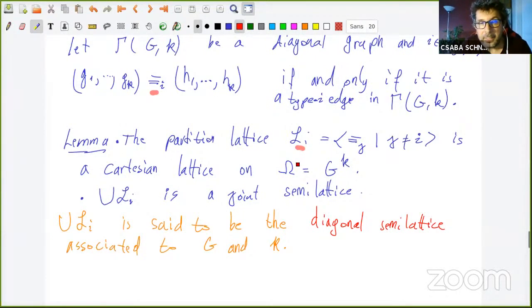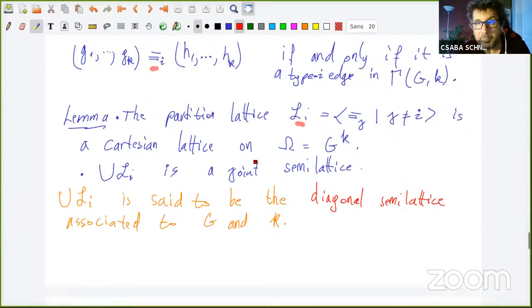This is going to be a partition lattice on the set omega, which is G to the k. And the lemma says that this partition lattice is going to be a Cartesian lattice for each i. So from this diagonal graph, I get k plus 1 partition lattices, and each of these lattices is going to be some sort of Cartesian lattice.